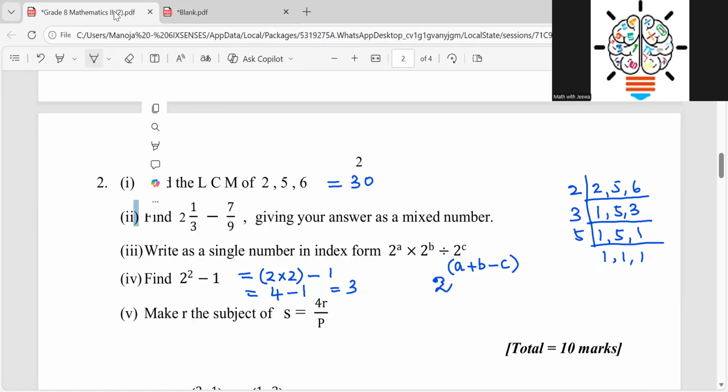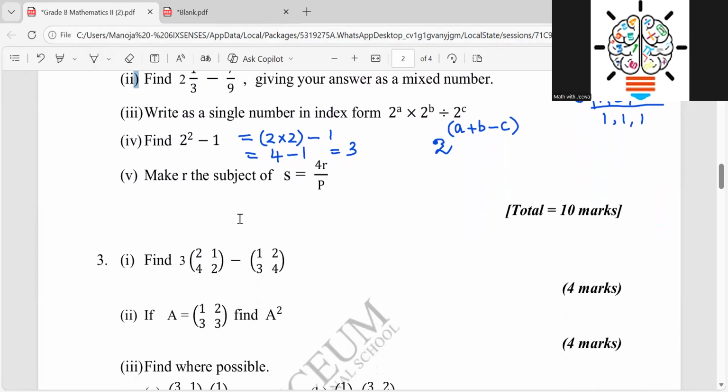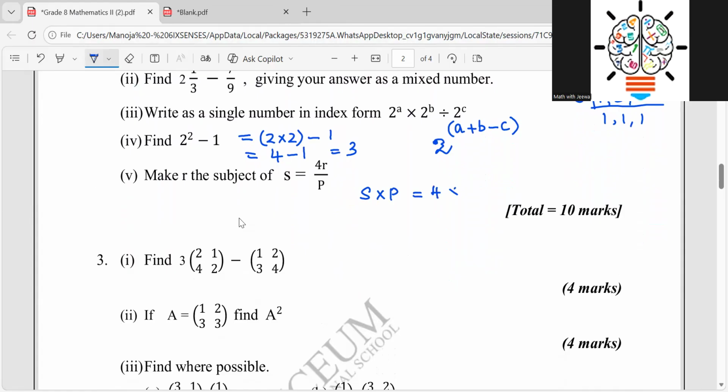Children, when you are making a letter the subject, that means you want to keep that particular letter alone. So you want to do this carefully, step by step. What I do here, I bring the division by P to the other side as multiplication. S times P is equal to 4 times R. And then R is equal to S times P divided by 4.